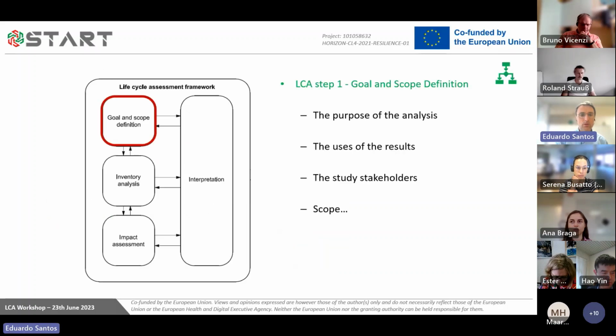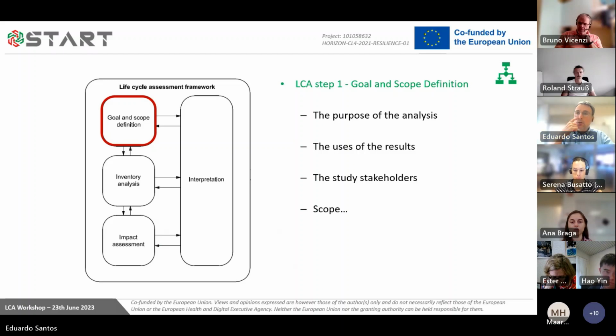So first of all, goal and scope. I don't think I have to go into much more detail about this, because the name is very self-explanatory. But most important is that we focus our LCA goal on what it's intended to do. If we are doing the comparison of a product, then we should focus our goal on that.